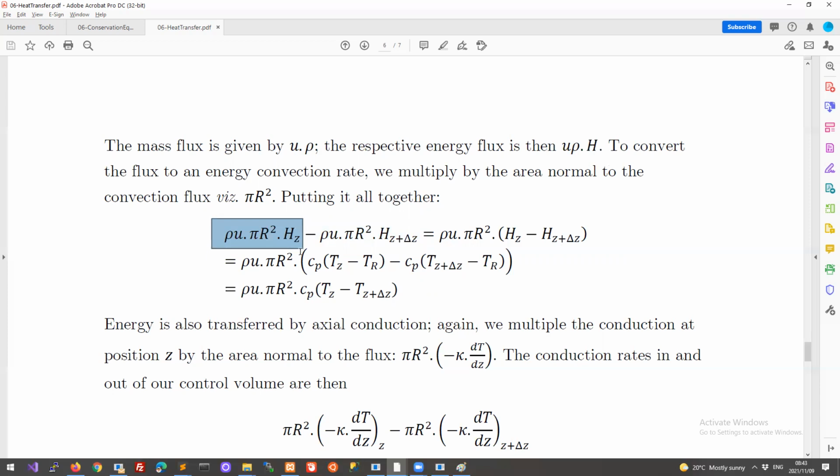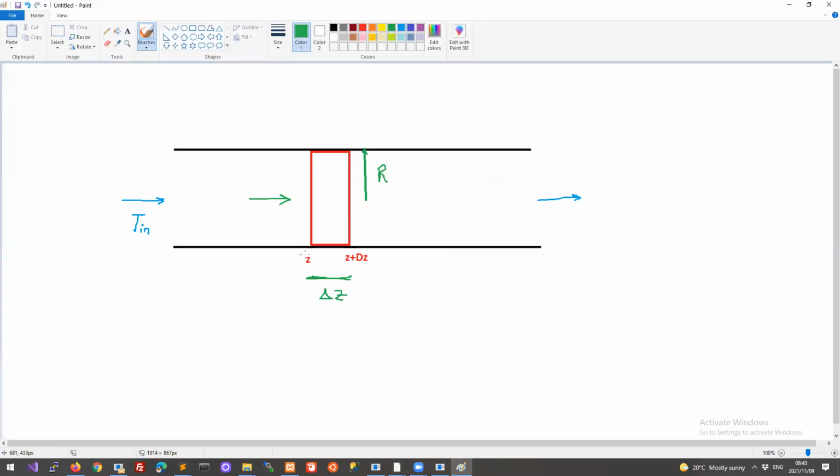So we can say at position Z, the enthalpy here we can define to be Hz. We have to define it this way because we suspect our temperature is changing across the space. The temperature right here is going to be different to the temperature here.